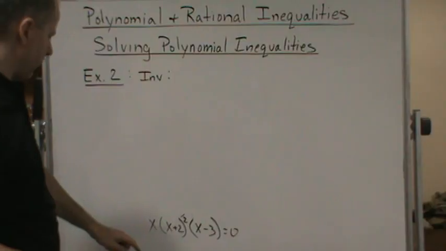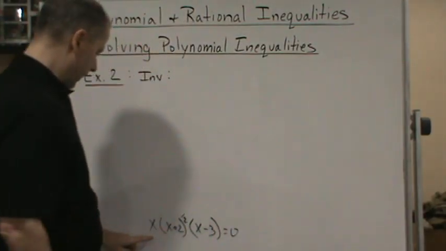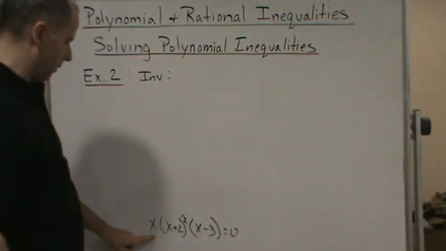Well, first of all, our zeros. We didn't do our zeros. So let's do the zeros. So we're going to have a 0 at 0, right?